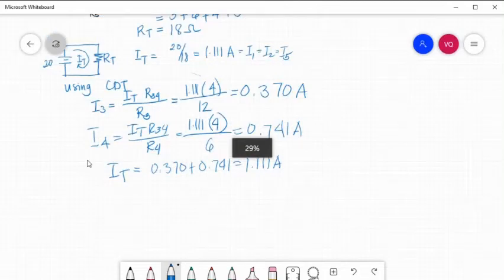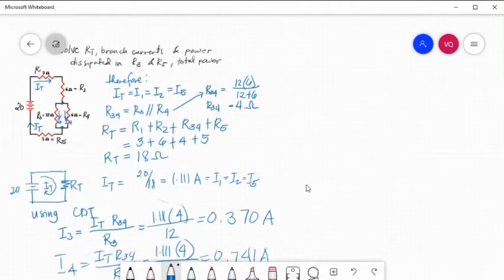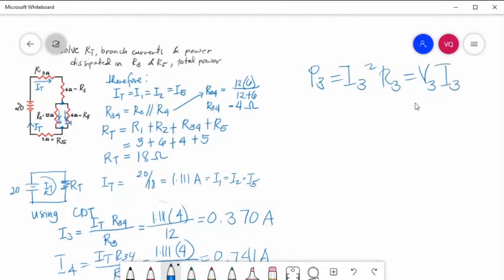Next is the power at R3 and R5. So solving for power again, in the case of R3, we have P3. So I3 squared R3 or the voltage drop at resistor 3 multiplied by I3.